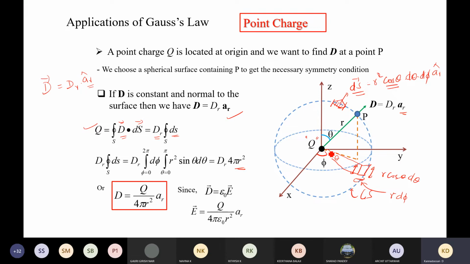If you draw something perpendicular, then this is r by 2, r by 2. So this is sine theta. That is why it is given here. So we will get 4 pi r square, which is going to be our Q.